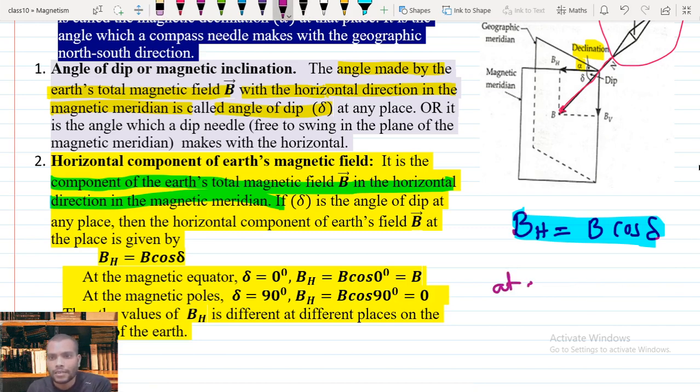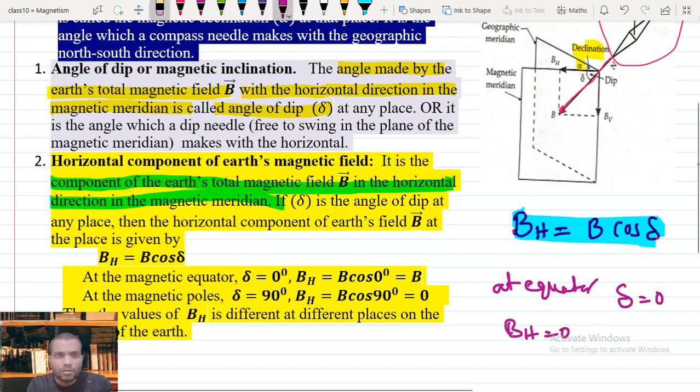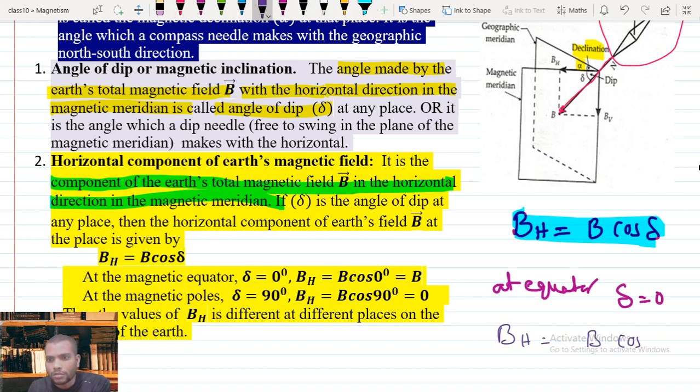So at the equator, delta equals 0. Then we substitute in the cosine: B_H equals B cos 0.